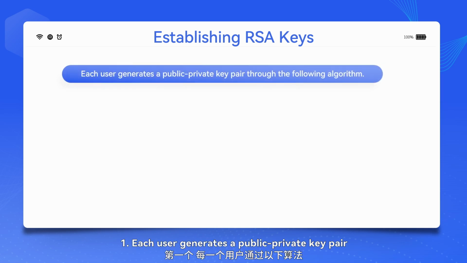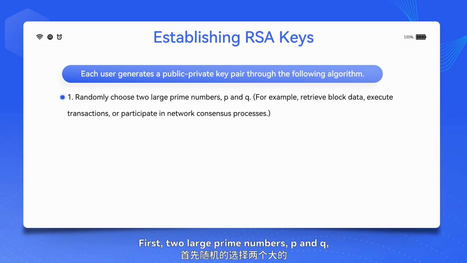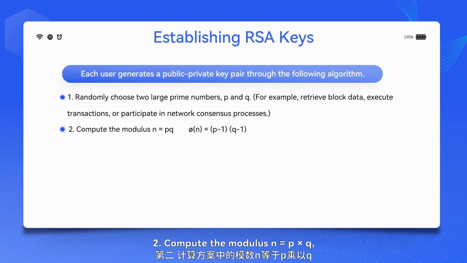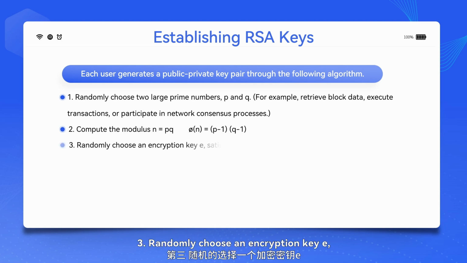1. Each user generates a public-private key pair through the following algorithm. First, 2 large prime numbers, P and Q, are randomly chosen. 2. Compute the modulus n equals P times Q, and phi(n) equals (P minus 1) times (Q minus 1). 3.